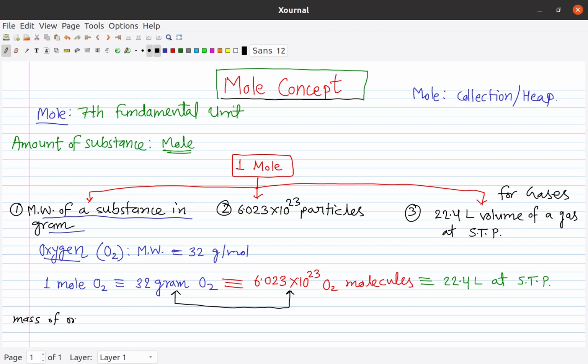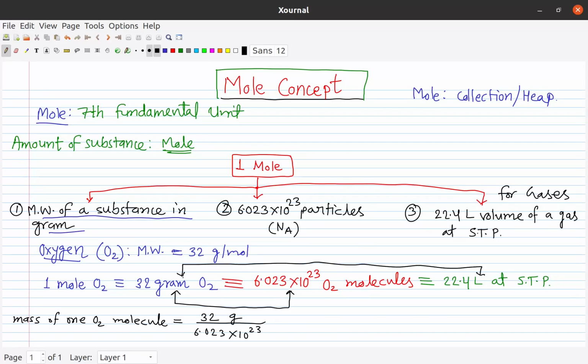The number 6.023 into 10 power 23 is also sometimes called the Avogadro number. So 6.023 into 10 power 23 molecules have 32 gram of mass. So one molecule will have 32 gram divided by 6.023 into 10 raised to the power 23. You can simplify it.